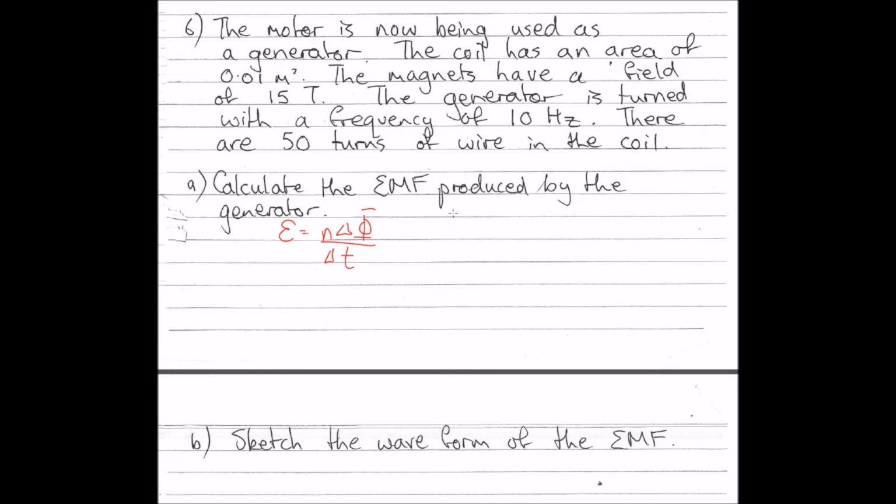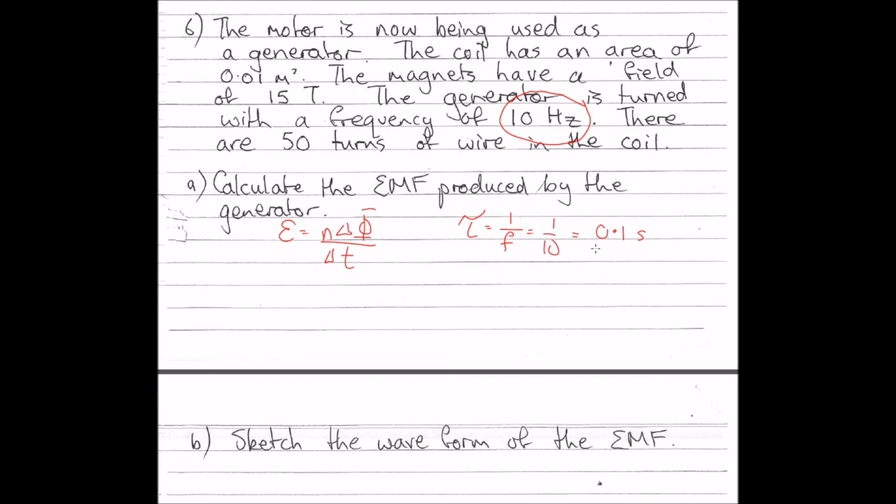What is not so good is that people struggled with the fact that I gave you a frequency. Now, a frequency of 10 Hertz means that our period is 1 over 10, which is 0.1 seconds. So that is the period of the motion.